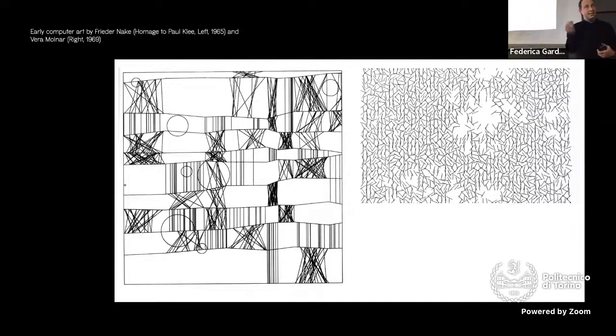How did these ideas start to come into the world of visual production, art production, and design? At the same time, we have some fascinating early examples of computer art. What we're seeing on the screen is the work of Vera Molnar on the right and Federica on the left, famous pioneers of computer art, which are different from the previous examples.